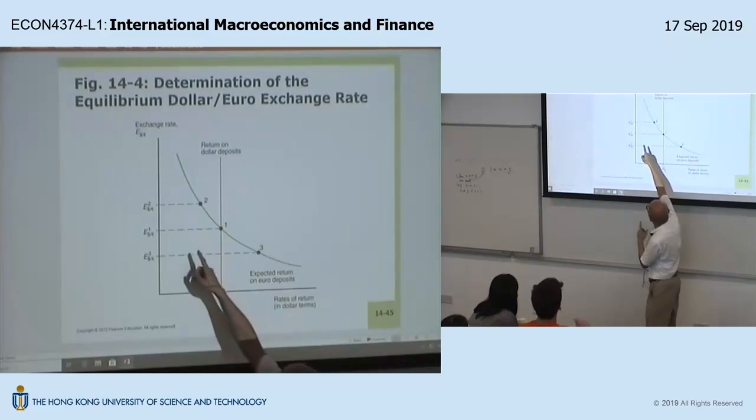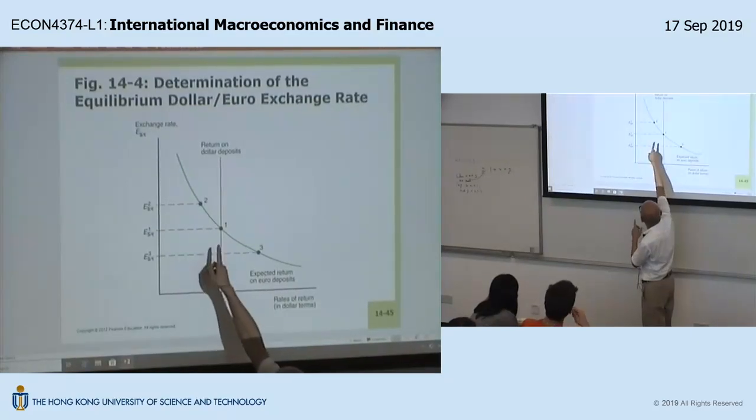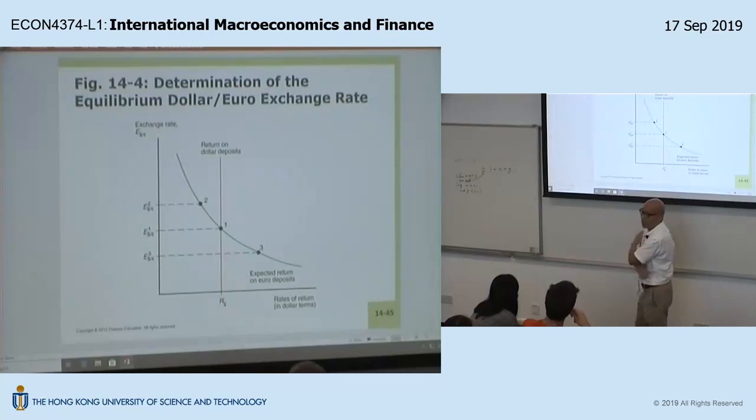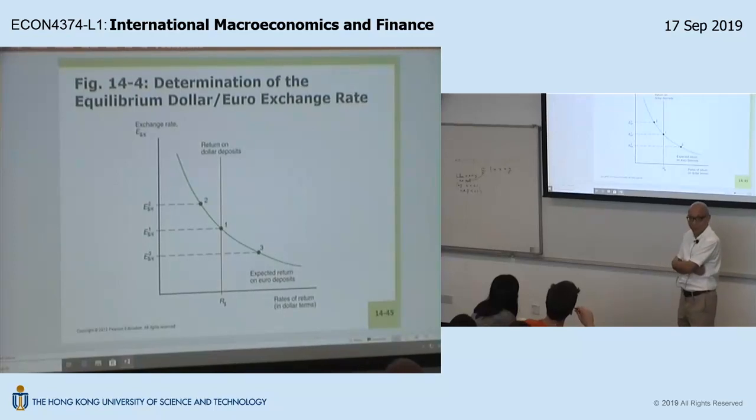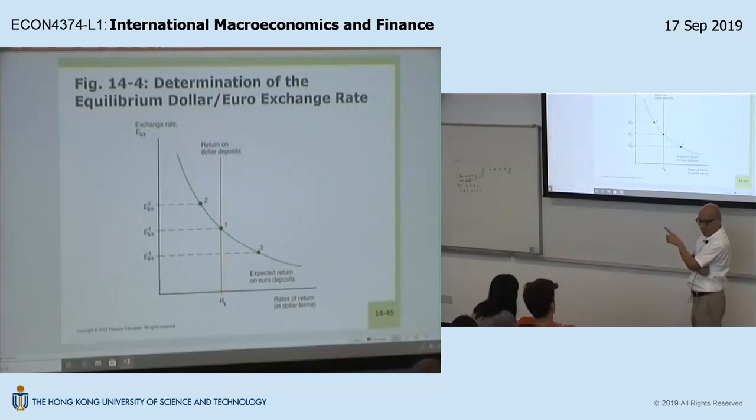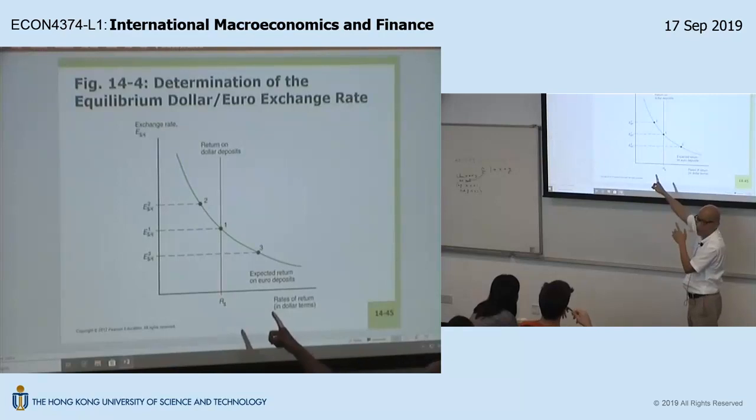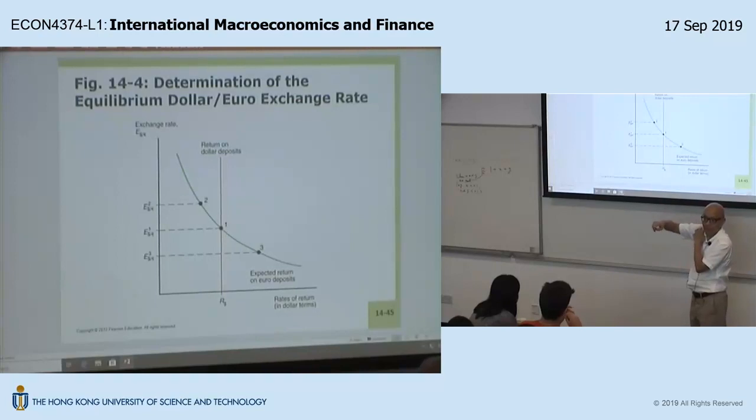If E is equal to E2, is the dollar rate of return on dollar deposit higher or lower than the dollar rate of return on euro deposit? Can anybody tell me?